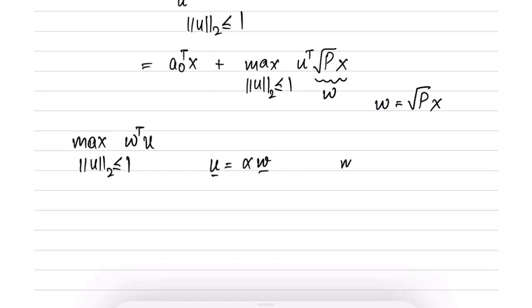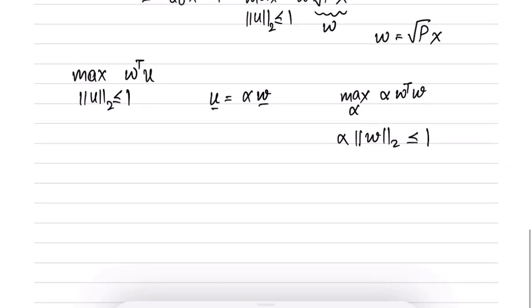Then the problem can be written as maximum over alpha of alpha times w transpose w, subject to the constraint that alpha times norm of w is less than or equal to 1. It is easy to see that the solution of this is given by alpha equal to 1 divided by norm of w. You can verify that. If I pick alpha equal to 1 divided by norm of w, then the objective function will become norm of w, and the constraint will also be satisfied.